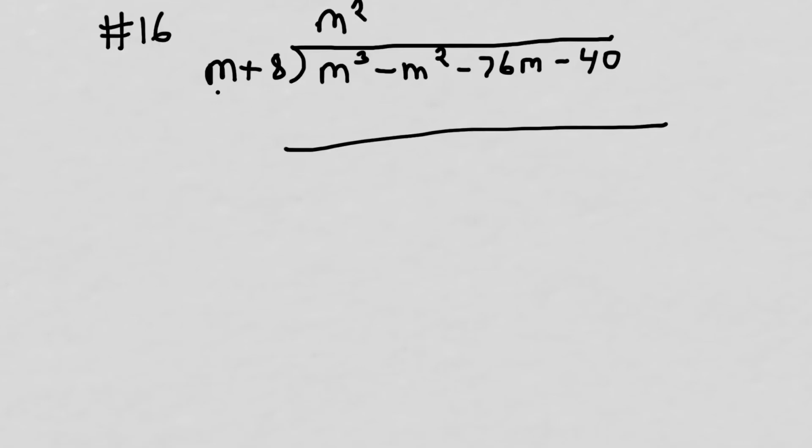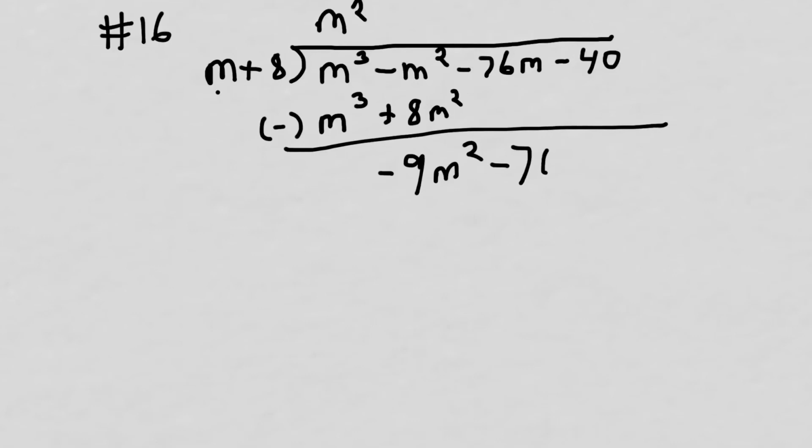All right, now I'm going to multiply the m squared times the m plus 8. I end up with m cubed plus 8m squared. All right, subtract those. I end up with minus 9m squared minus 76m minus 40.